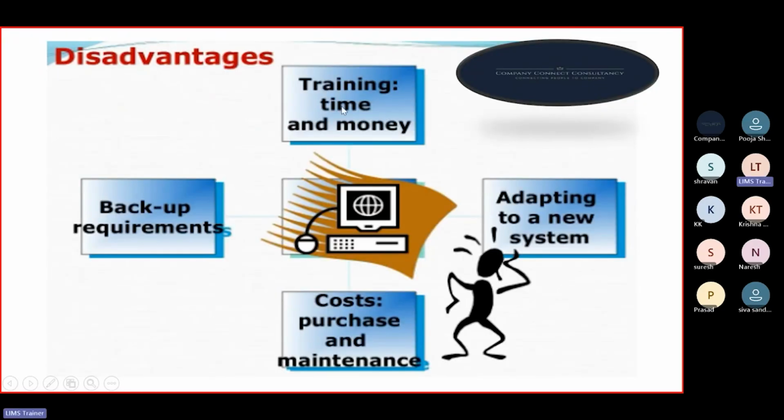So if you see, for 15 years you have been working on a manual concept or manual workflow, and now your organization decides to implement the software. Now you are going to automate your tasks. It is very difficult for any user to switch their jobs from manual to automated.